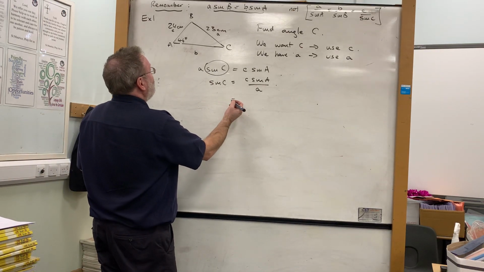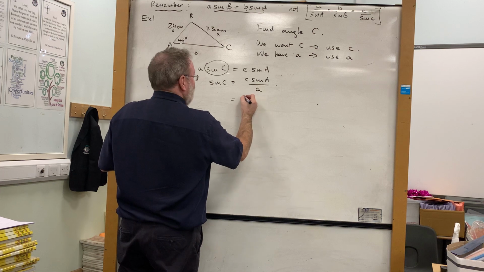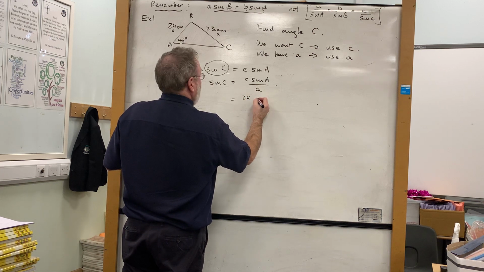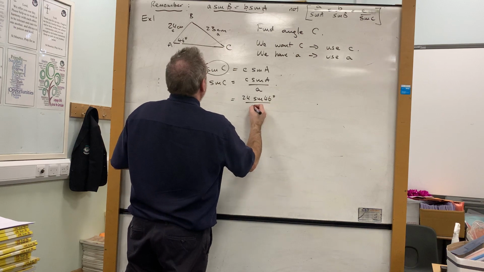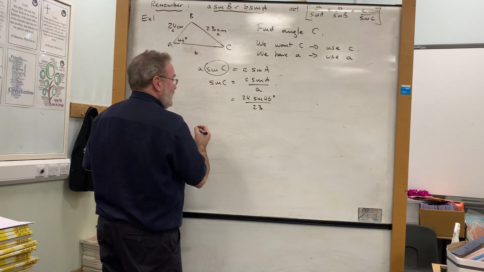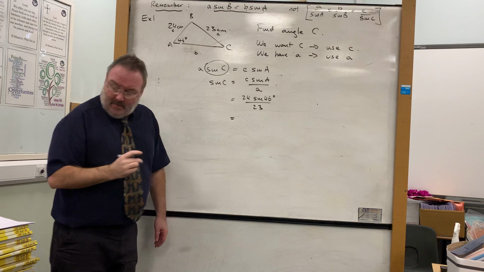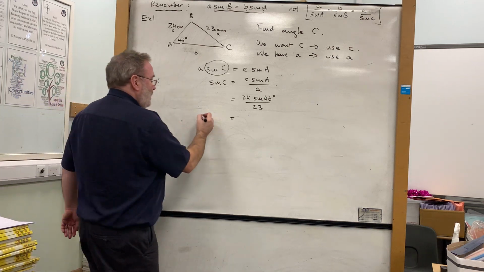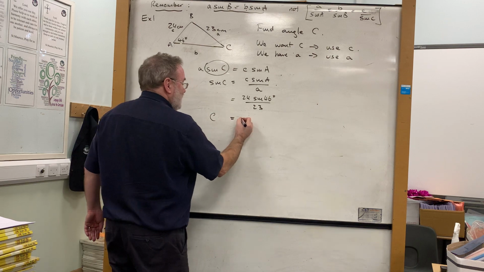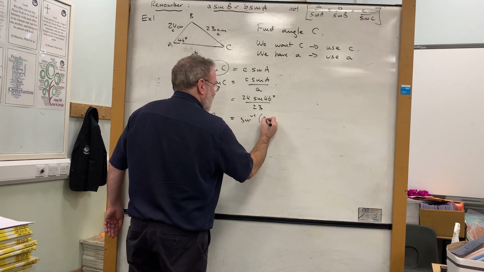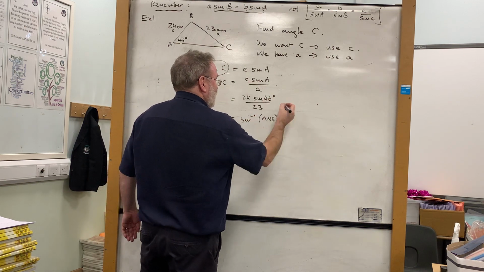This is not difficult. C sine A, 24 sine 46 divided by 23. And that will give us, well, again, you can get the answer out. You can type in C equals sine minus 1 answer once you've done this sum.